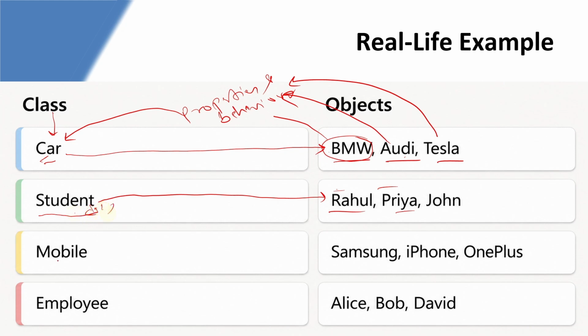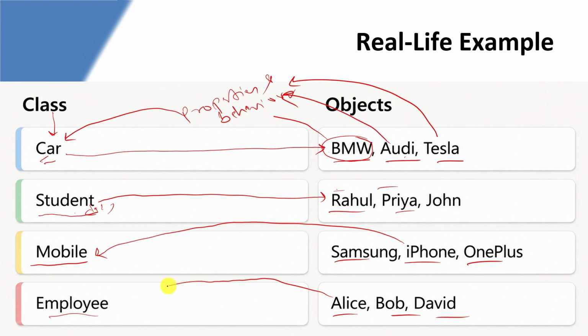Similarly mobile: Samsung, iPhone, OnePlus. These mobile phones have the properties and behaviors defined in the mobile class. Similarly, employee.